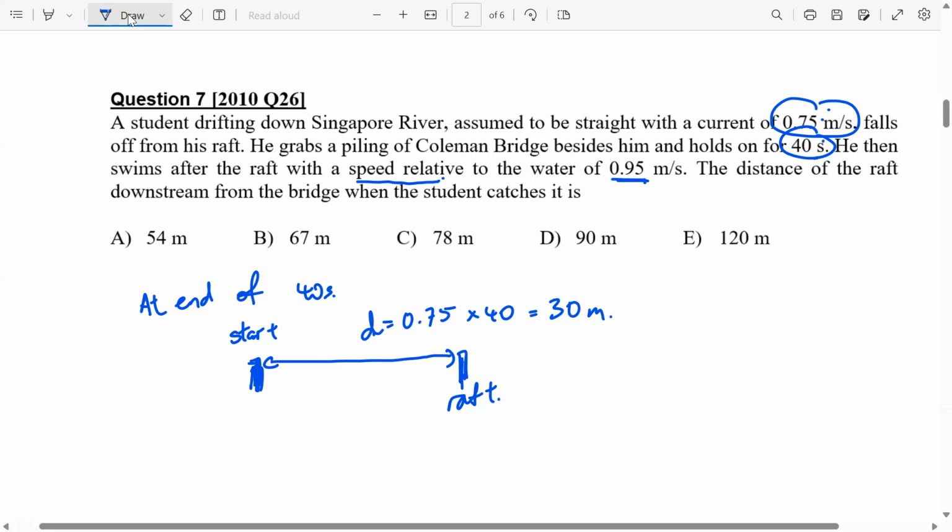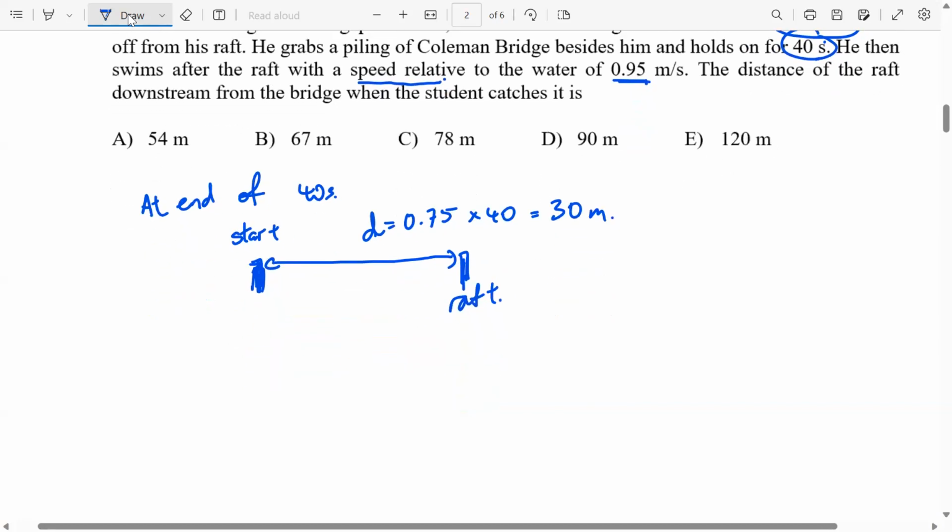The relative speed of 0.95 meters per second means he's going to swim faster than the raft by 0.95, and he needs to cover the extra 30 meters. As the raft continues to move down, the student is now catching up.